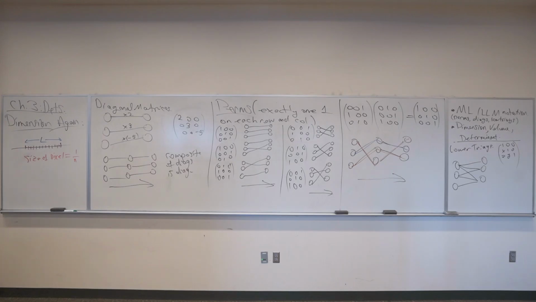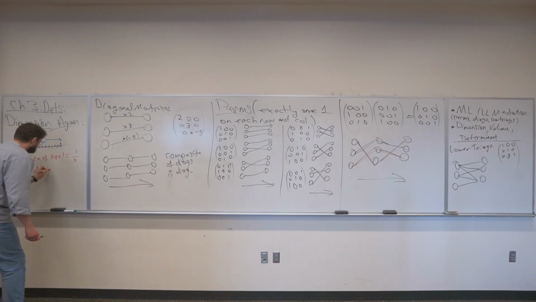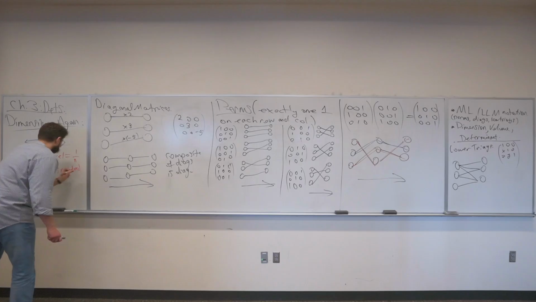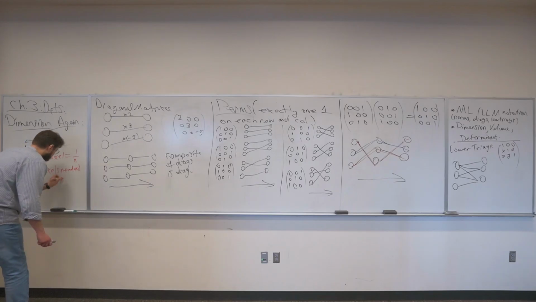Well, if one of these has length 1 over n, in total the length is L, which means I'm going to need n times L many pixels of this size. Number of pixels needed, in this case, n times L.